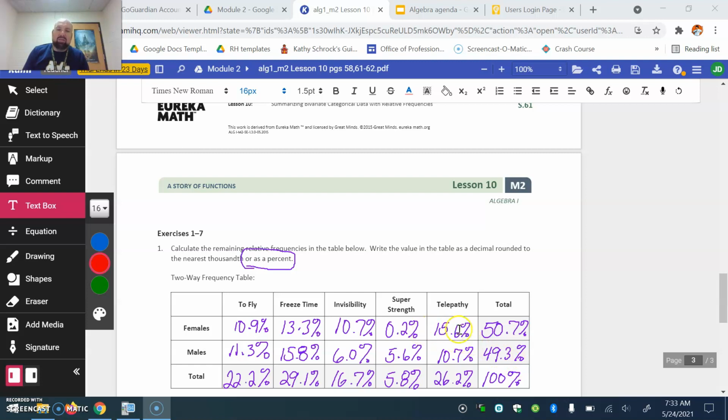But if I were to add 15.6 and 10.7, I would get 26.3%. And down here, you'll notice I have 26.2. So what happened? Well, these values were rounded up. And because they were rounded up, there is a slight error. Not much, but a very slight error. It doesn't mean that we're wrong.